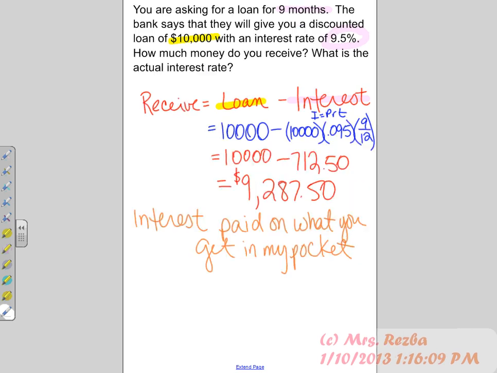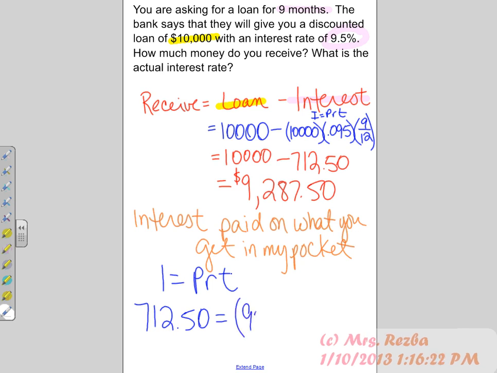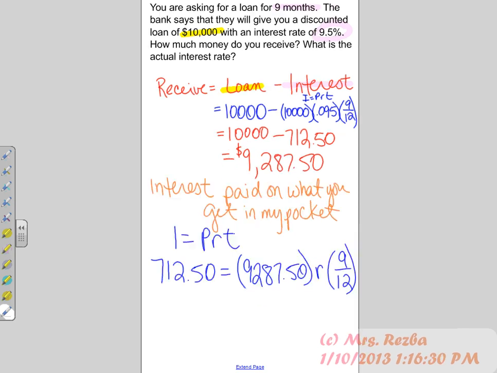So once again, I can use my I equals PRT formula. I know the interest I had to pay was $712.50. The principal, the money I got in my pocket, was $9,287.50. I don't know my rate, but I do know that I had 9 out of 12 months for this loan. I can solve this equation for R.